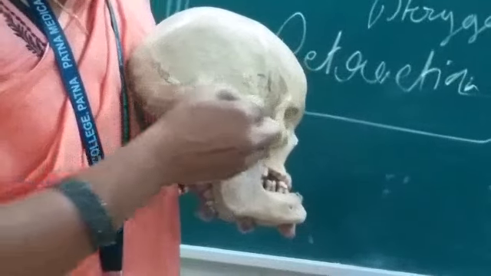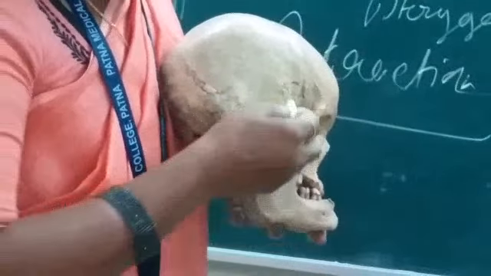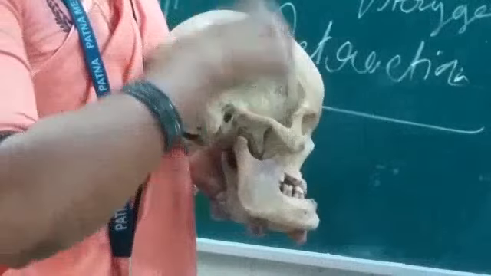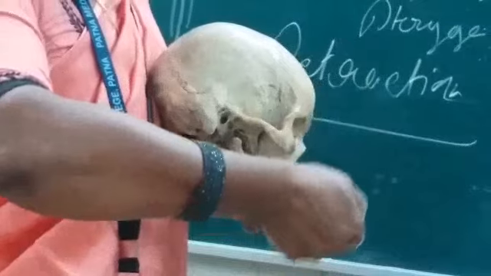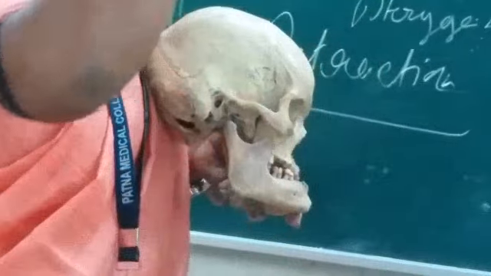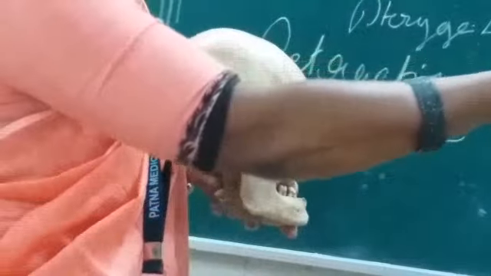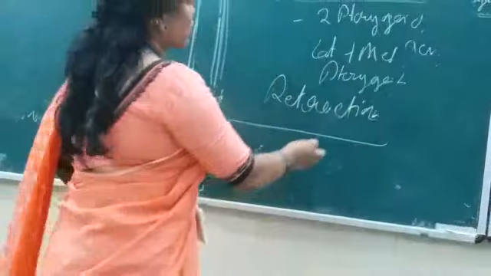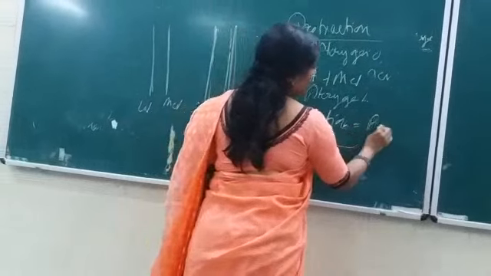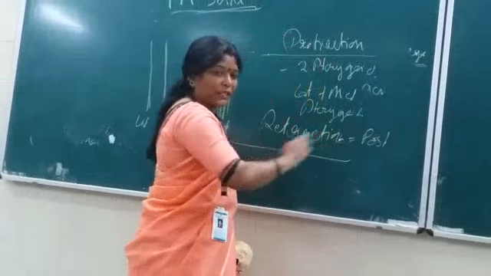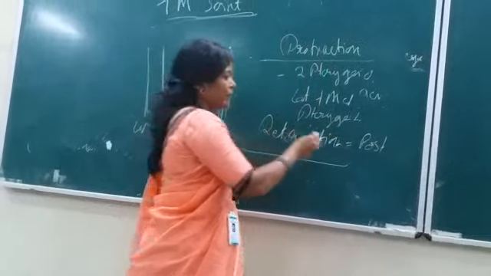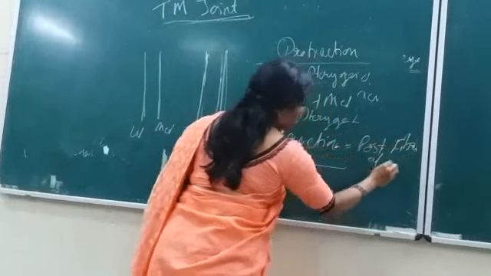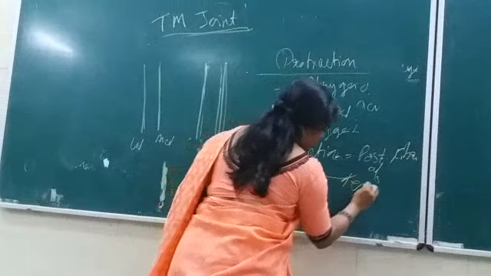So the posterior fibers of the temporalis muscle, this is the temporal fossa, the vertical fibers do the sling-like action to close the jaw, and the posterior fibers, with a sling-like action, pull the protruded mandible posteriorly. So retraction is done by the posterior fibers. So you have to give the specific part of this temporalis, that is the posterior fibers of the temporalis muscle.